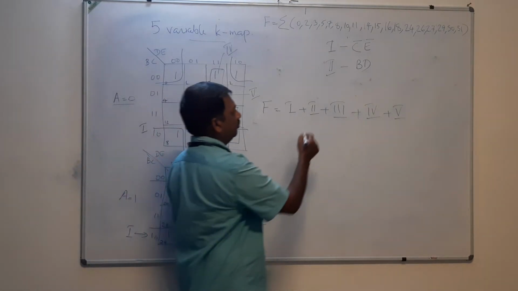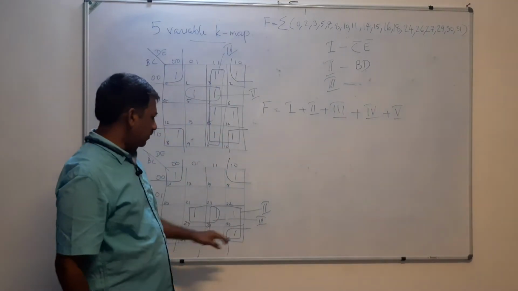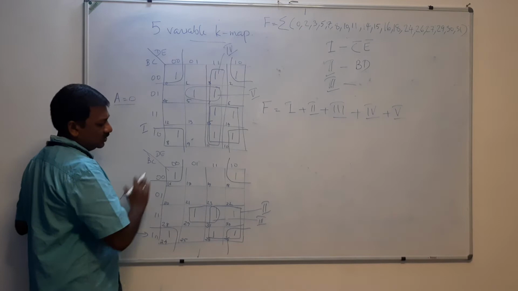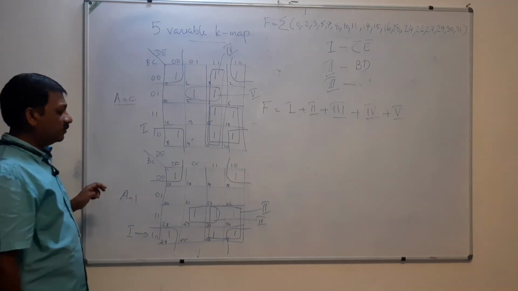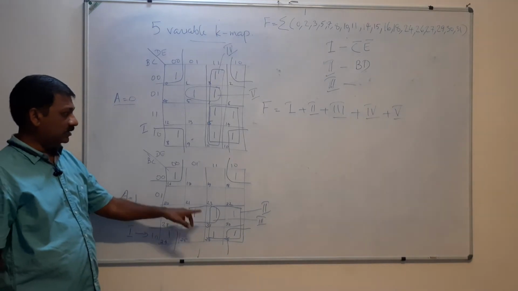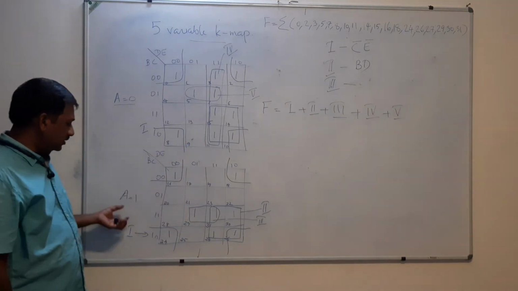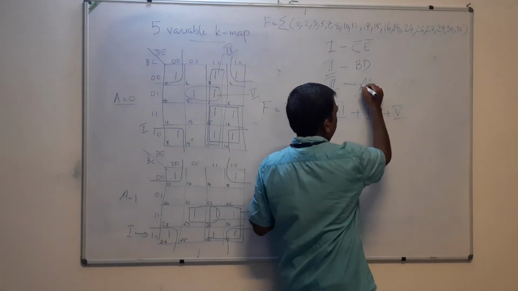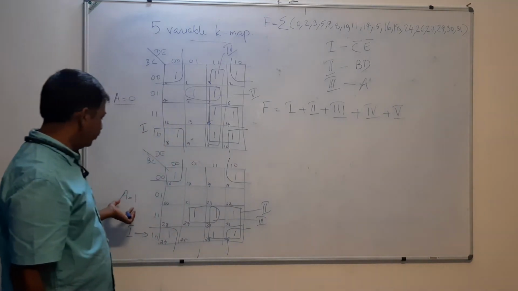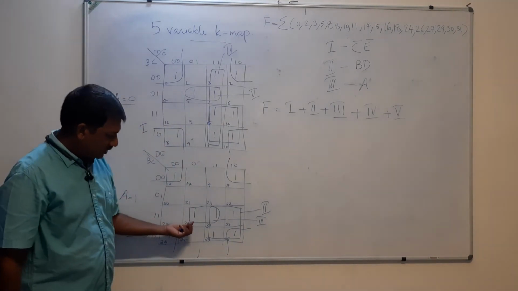Now you have to go for the third one, 3. One thing you should remember: 3 is coming as a part of this only. That means in the first map we don't have 3; the replica of this is not here. So for A equal to 1, this exists, that means A is there. What is 3?